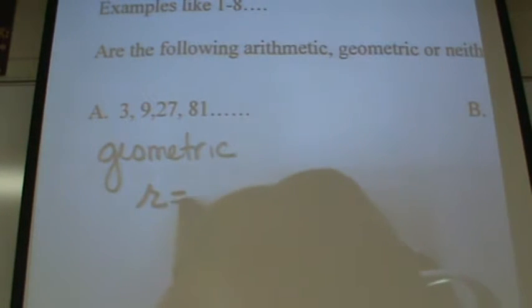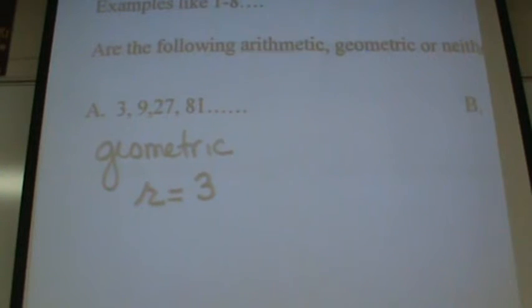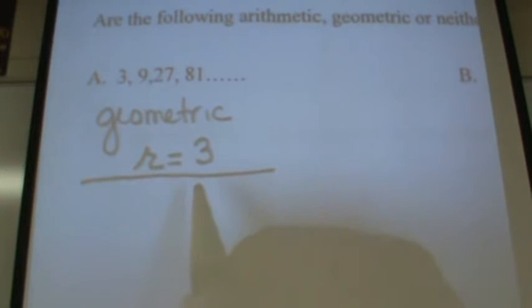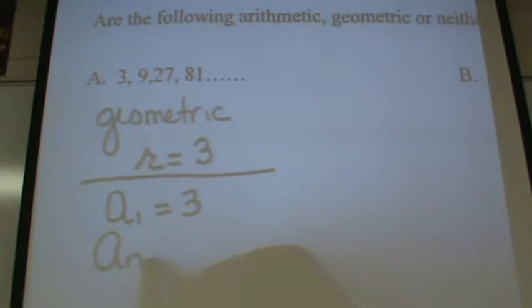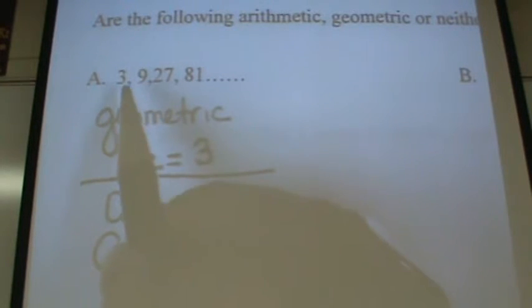If it's geometric, we don't have a d value, we have an r value, and r is 3. So now, do you remember how to find the recursive formula for this? The recursive formula is you state the first term, which is 3, and any term you want to find, a sub n, is equal to a sub n minus 1 times, what is your common ratio, or I should say constant ratio?